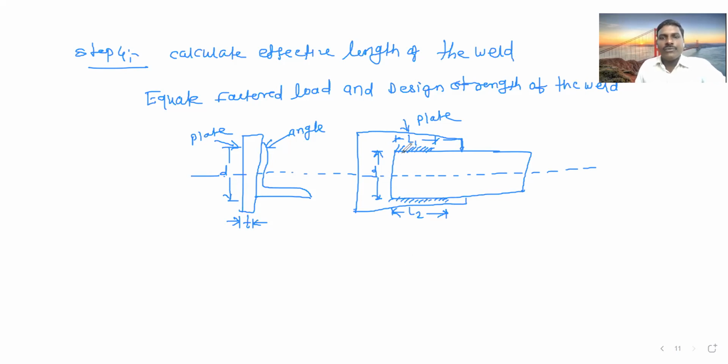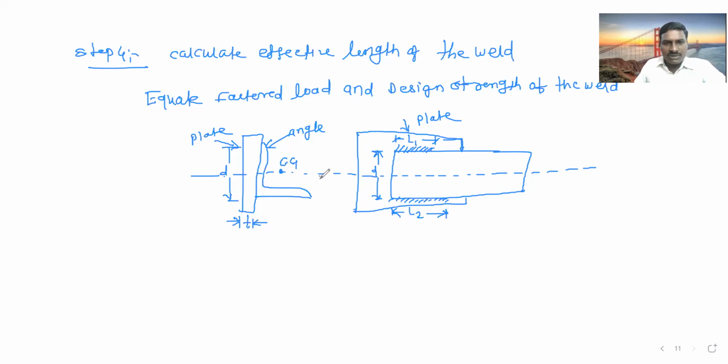See, we have to calculate effective length. So how much length we have to weld? So out of this is the D. Now L1 we don't know how much length we have to weld, L2 we don't know how much length we have to weld. Okay, so now the CG of angle is here.